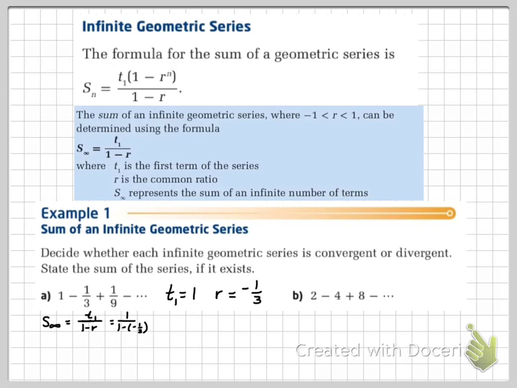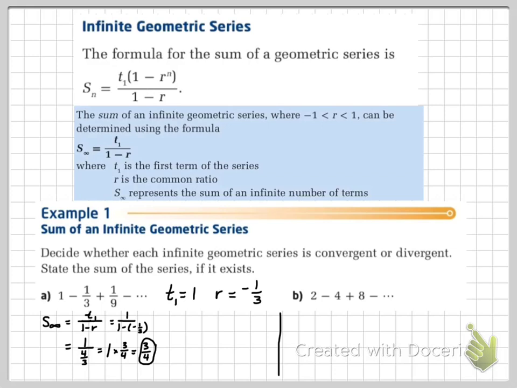Now, 1 over 1 minus -1/3, the bottom is going to be 1 plus 1/3, or 3/3 plus 1/3, which means I get 4/3 on the bottom. 1 divided by 4/3 is the same as 1 times the reciprocal, 3 over 4, so the sum is going to approach 3 over 4. That's it.